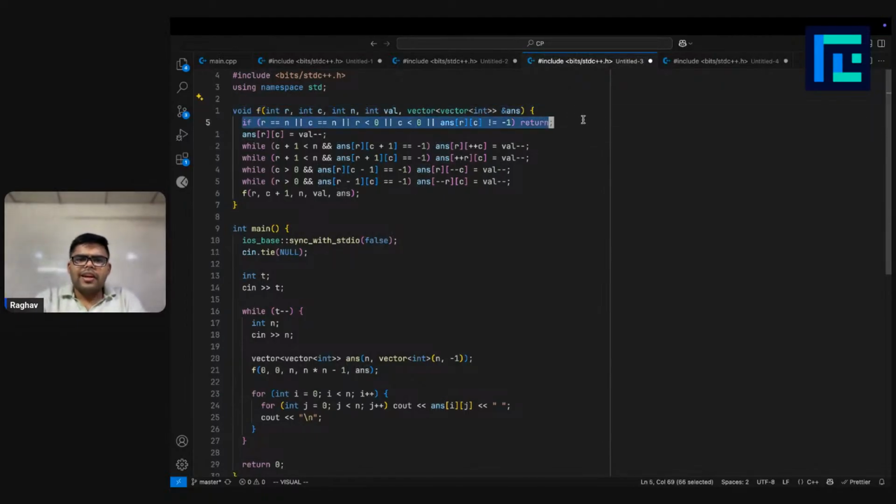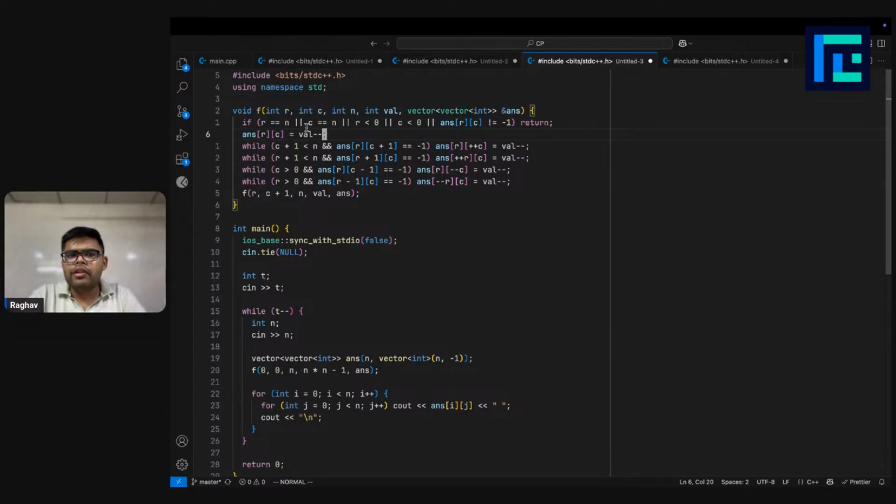So here is the base case, which I don't know if it is really necessary or not. But in my base case, I've said that if the cell does not exist within the grid, or if the value of the cell is not equal to -1, which means that the value has already been given to the current cell, it means that I have already completed the whole spiral path and I can just close the recursion now.